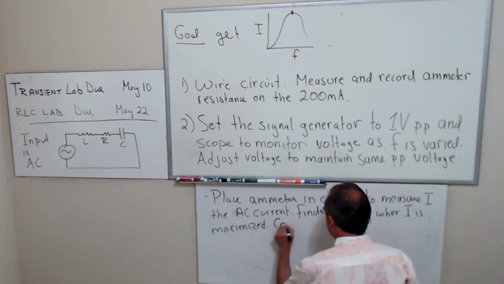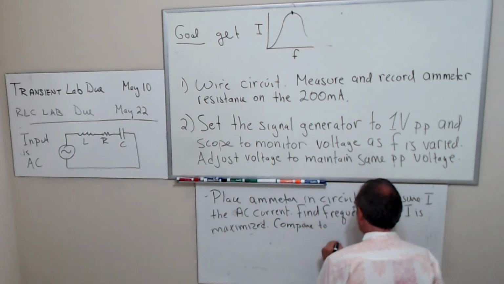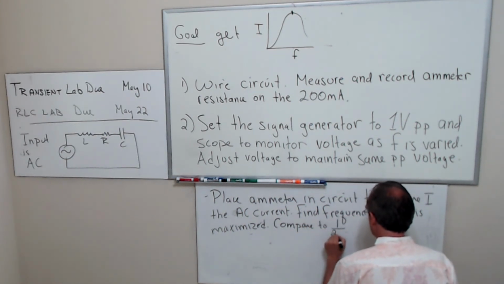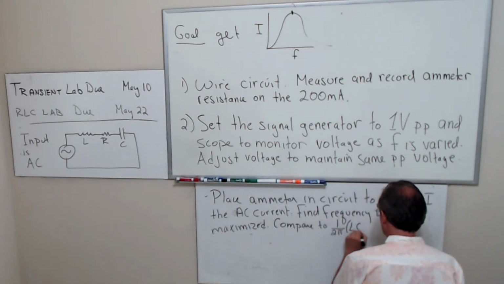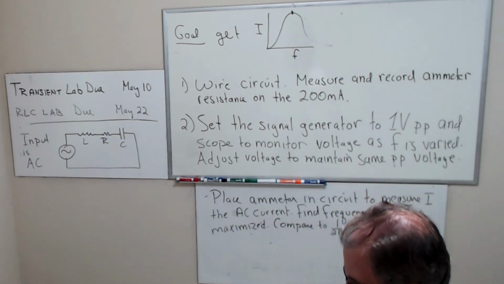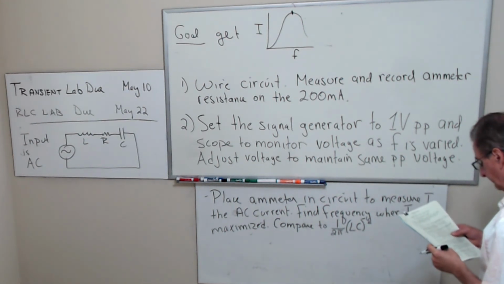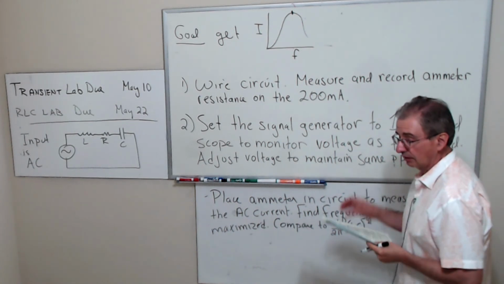And then you're going to compare to one over 2 pi times LC to the negative a half. Okay?